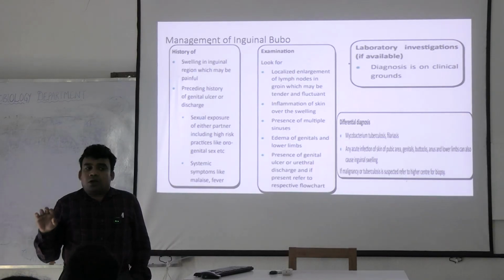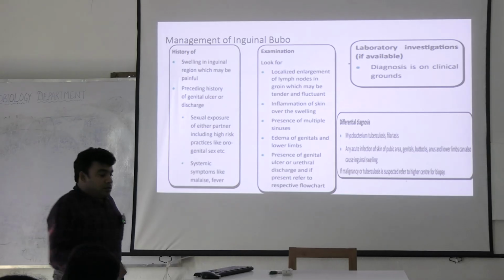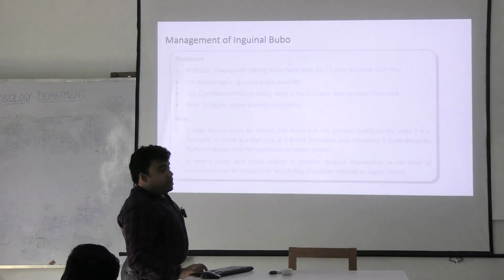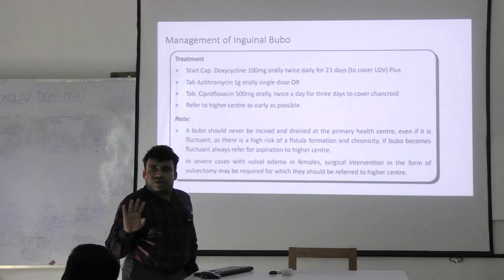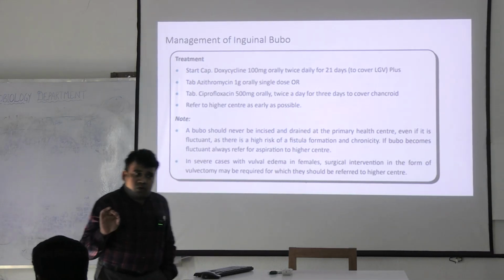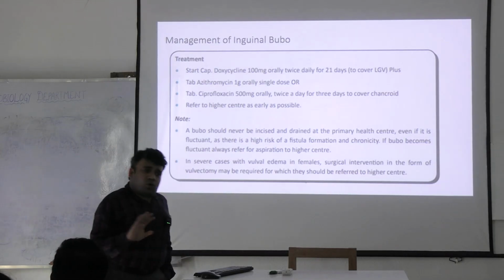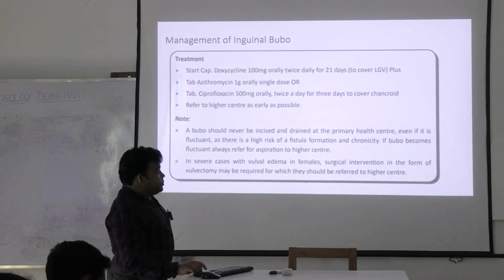Aspirate only when you have a proper setup, and never even think of trying to incise it. The only methodology is aspiration, if you have a proper backup setup. If you don't have a backup setup, rather do not aspirate.